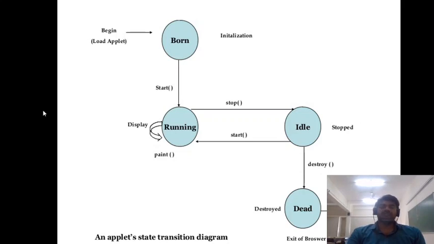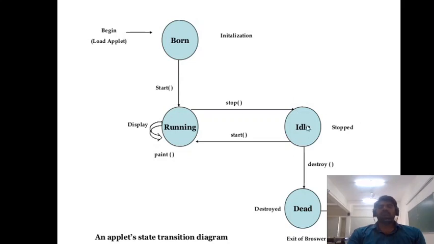For this you need to include the paint method. If you want to display any result to the user, you need to call this paint method. Assume that the applet is currently in the running state, executing its code. Once you call the stop method on the running applet, the applet will move from the running state to the idle state.